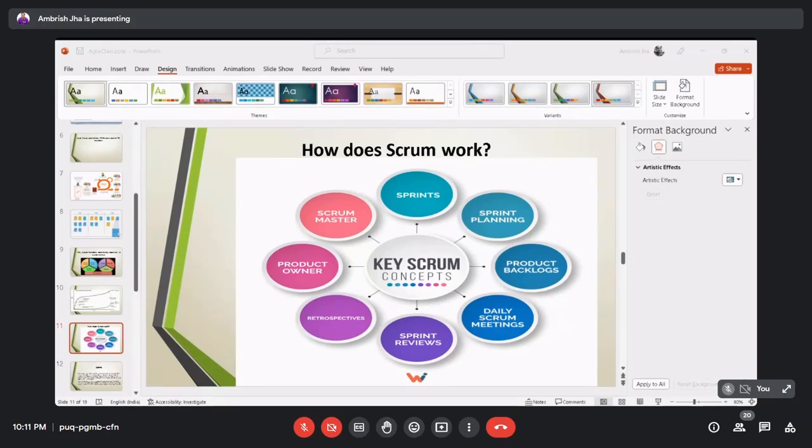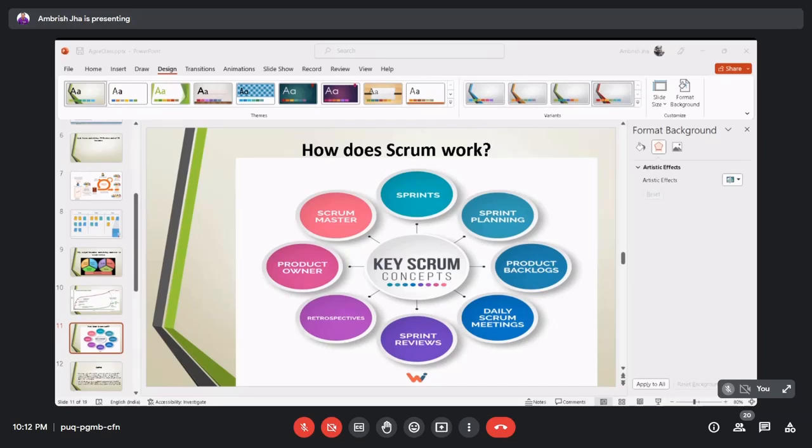When you provide everyone the opportunity to speak out about problems or ideas, then definitely the team will benefit from it. The organization will benefit from it.